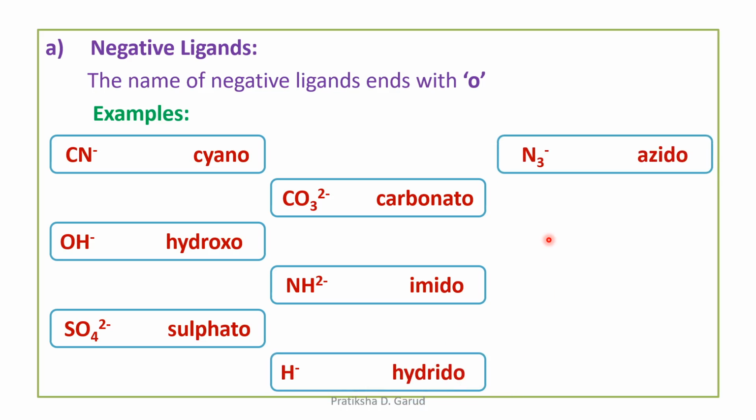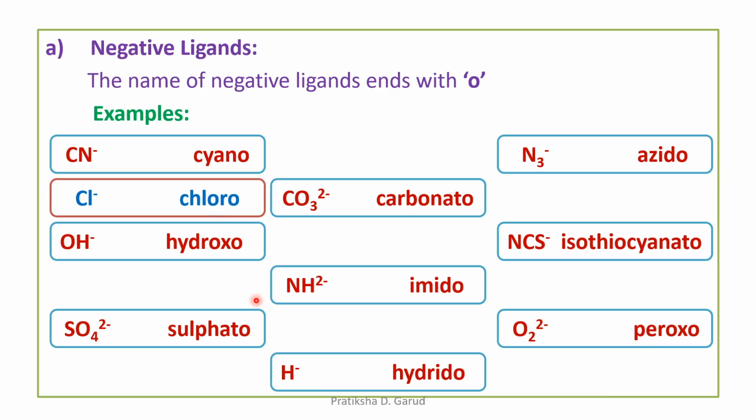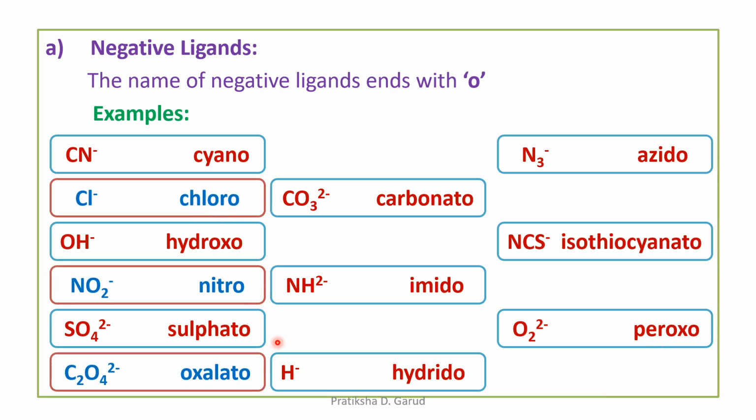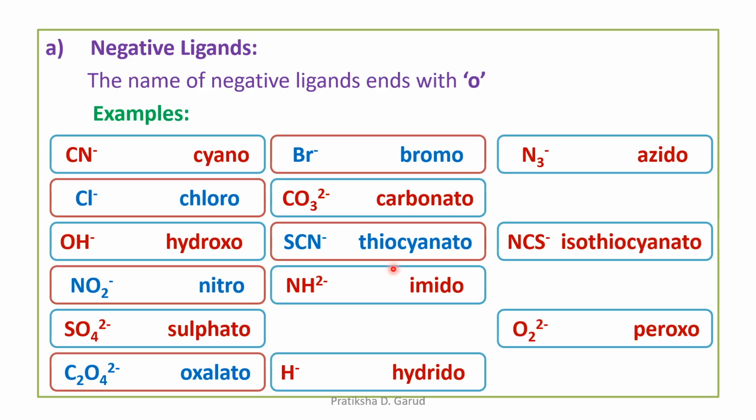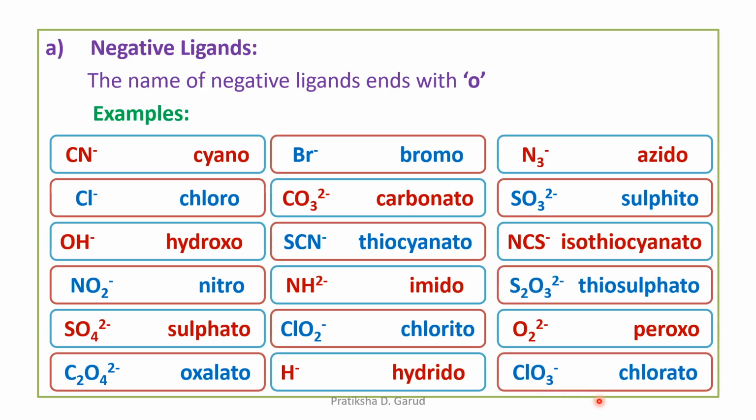hydrido; N3-, azido; NCS-, isothiocyanato; O2 2-, peroxo; Cl-, chloro; NO2-, nitro; C2O4 2-, oxalato; Br-, bromo; SCN-, thiocyanato; ClO2-, chlorito; SO3 2-, sulfito; S2O3 2-, thiosulfato; and ClO3-, chlorato.